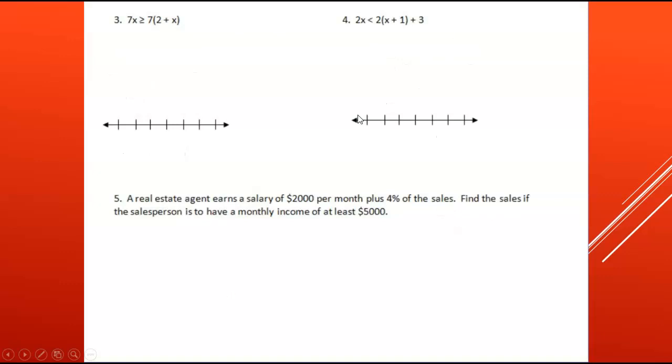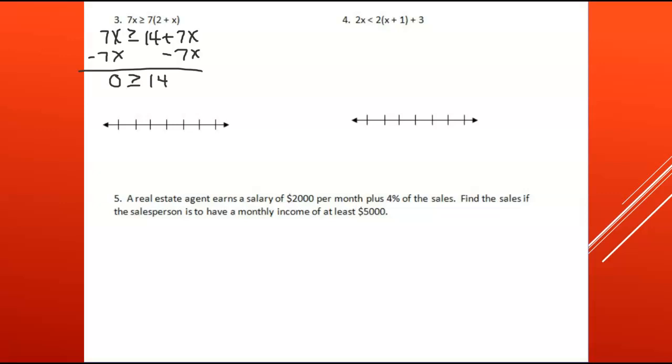Okay, we have 7x greater than 7 times 2 plus x. So you get 7x greater than or equal to 14 plus 7x. Subtract 7x from both sides. 7x minus 7x is 0.